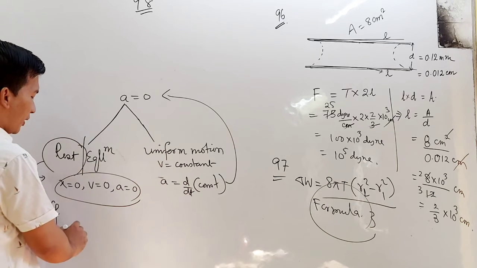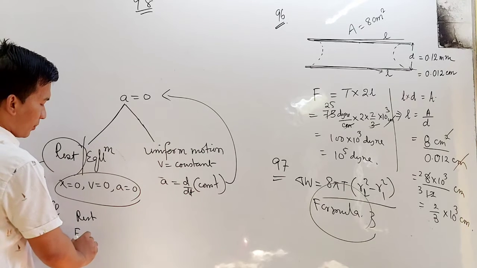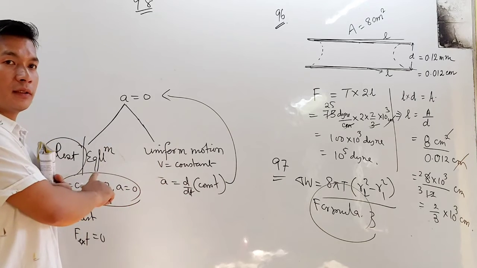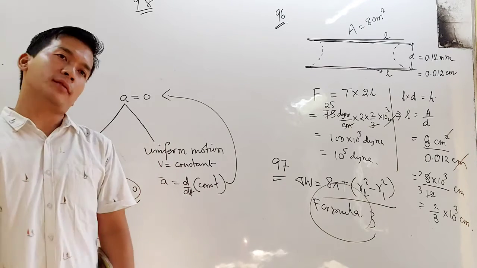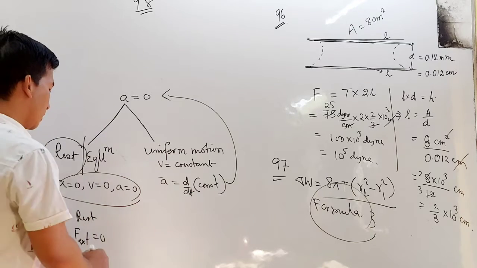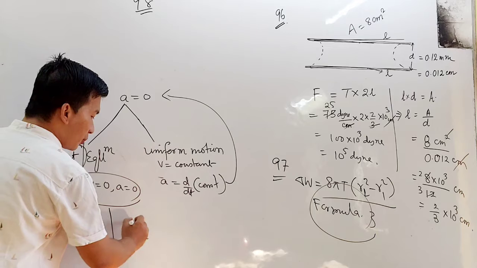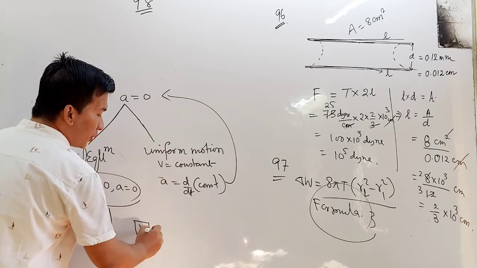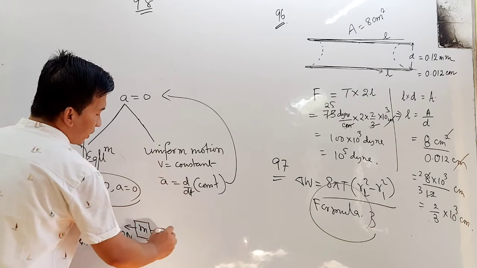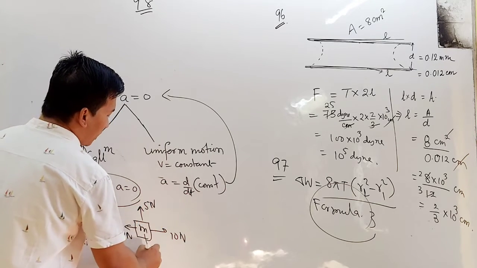Next, the difference. For rest, the external force will be equal to 0; there will be no force acting on the body. What about equilibrium? Multiple forces act on the body. The body will be acted upon by two or three different forces, like 10 newton on the left, 10 newton on the right, 5 newton upward, and another 5 newton downward.